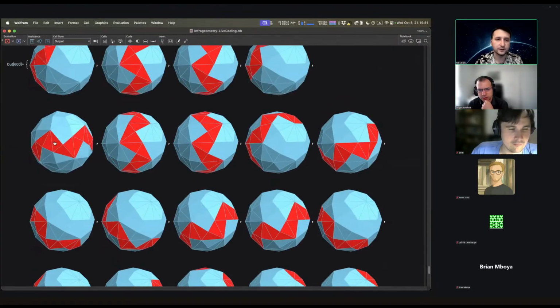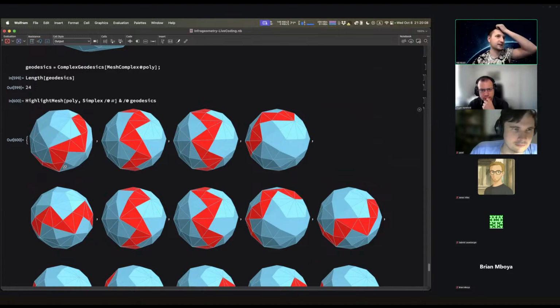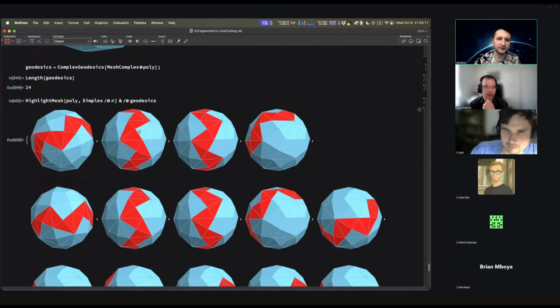Yeah, so in a way it's orientation dependent. You assume that there's some ordering, and that somehow defines to which triangle to jump next, right? And then you continue until you make a cycle or something.